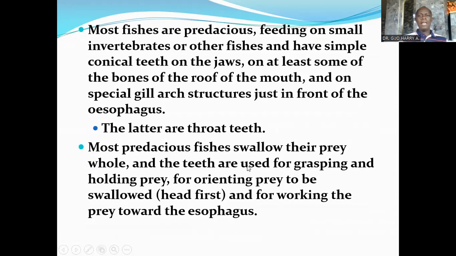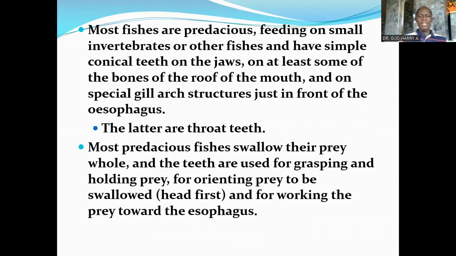Most fishes are predaceous, feeding on small invertebrates or other fishes, and have simple conical teeth on the jaws, on at least some of the bones of the roof of the mouth, and on special gill arch structures just in front of the esophagus. The latter are called the throat teeth. The teeth structures found on the gills are said to be throat teeth.